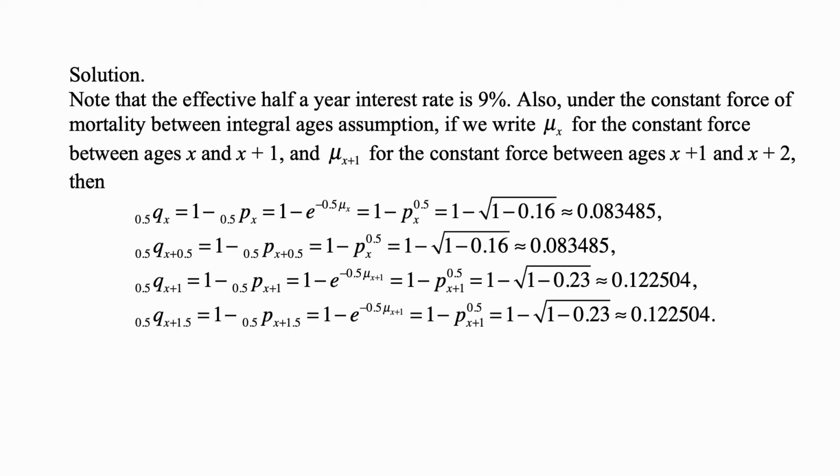And then 0.5 qx plus 1 is 1 minus 0.5 px plus 1, so it's 1 minus e to the minus 0.5 mu x plus 1, and that's equal to 1 minus px plus 1 to the power 0.5, and that's 1 minus the square root of 1 minus 0.23, so it's 0.122504. And 0.5 qx plus 1.5 is the same as the quantity we just calculated.